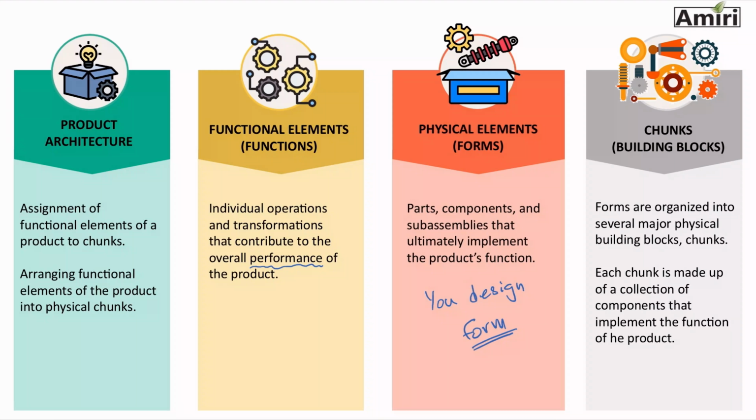So they're all tied together. Once you've organized these forms into several major physical building blocks, those are called chunks. A collection of components that collectively fulfill certain functions is known as a chunk.